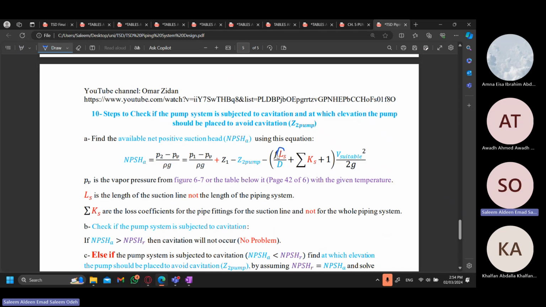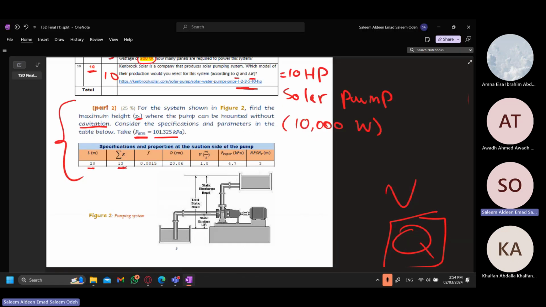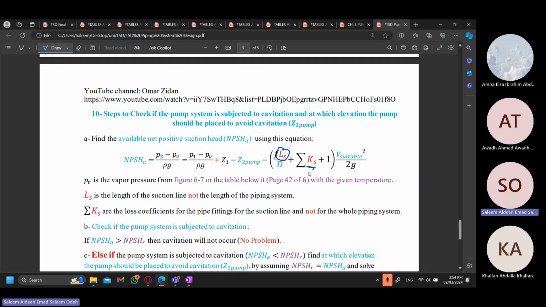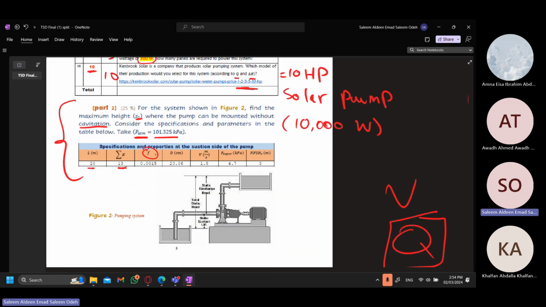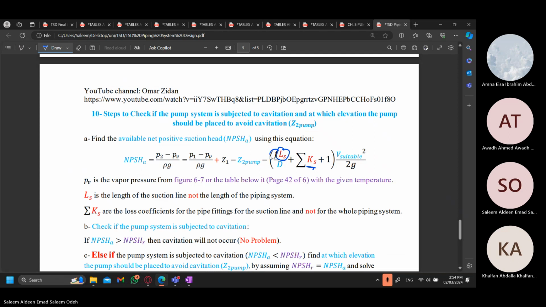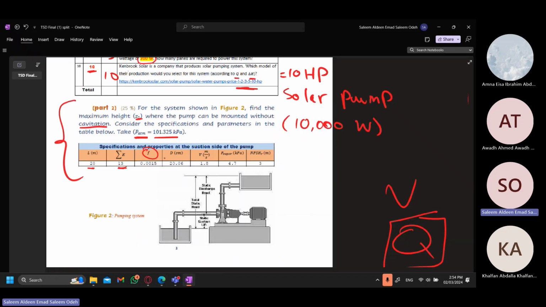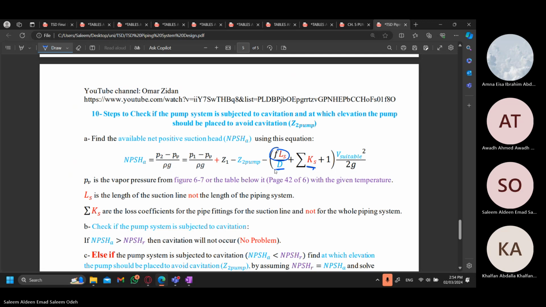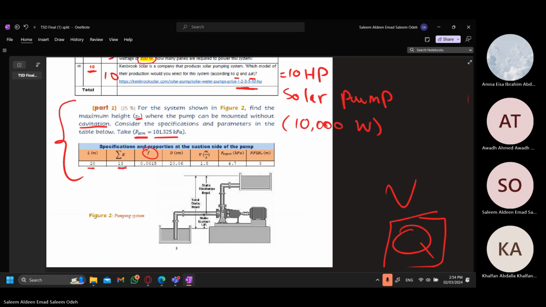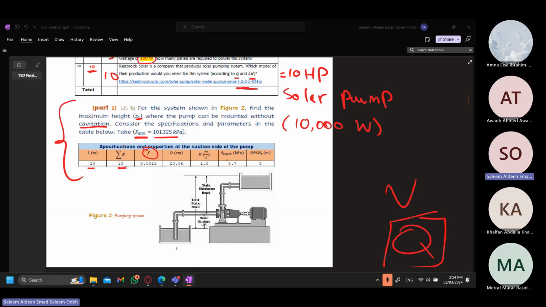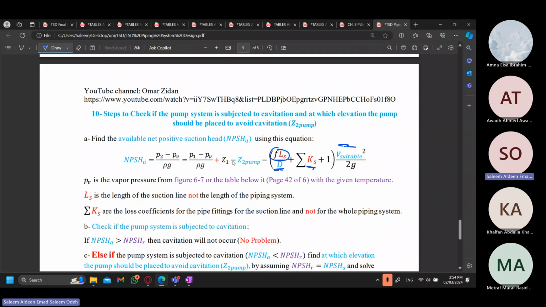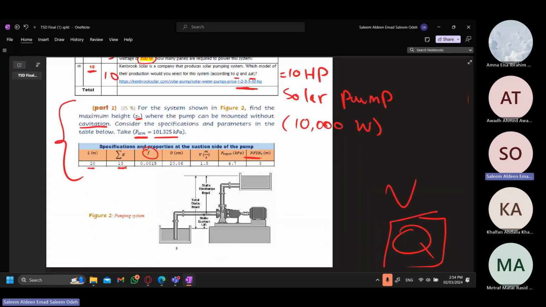They gave us the loss coefficient K. They gave us the friction factor. They gave us the diameter. They gave us the velocity. Now they gave us the vapor pressure, PV, and they gave us the net pressure suction head required.